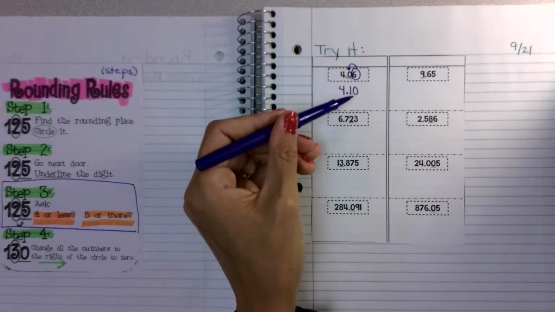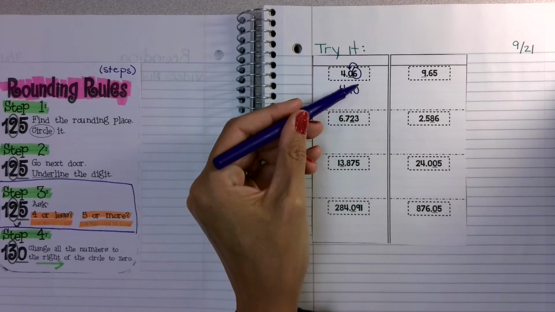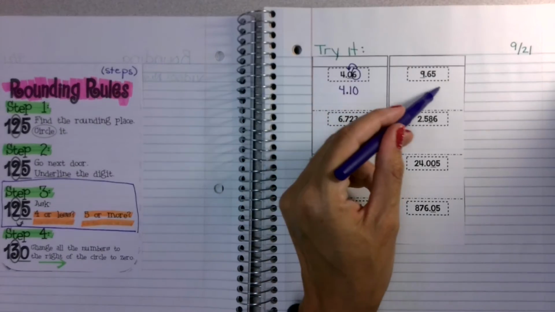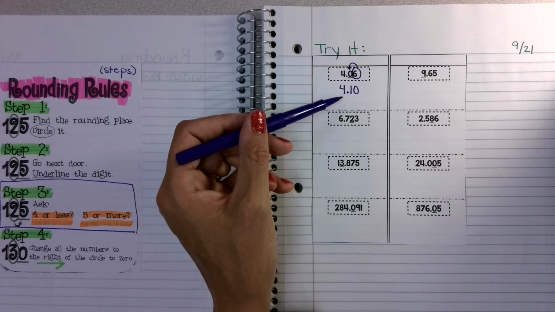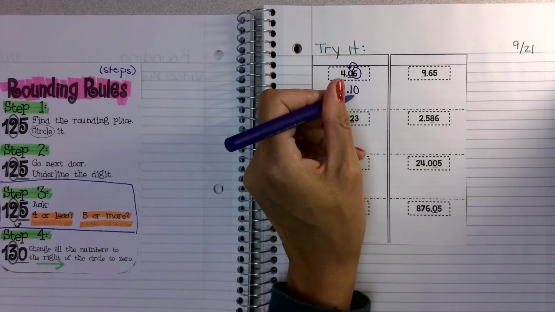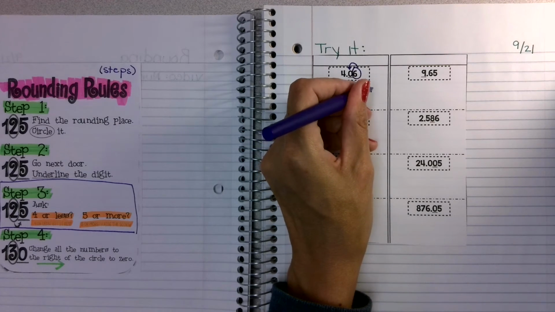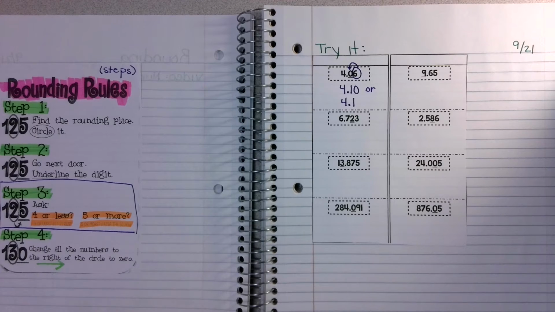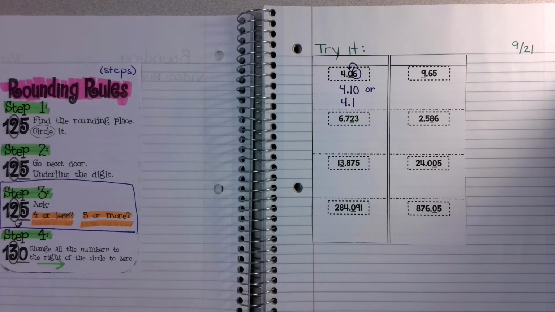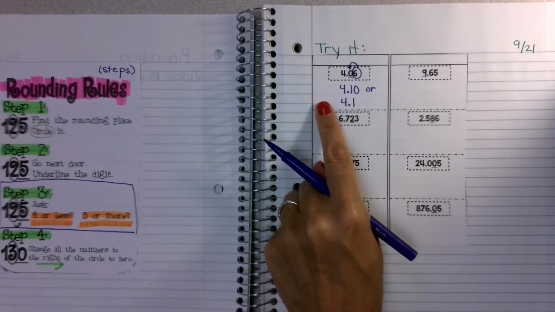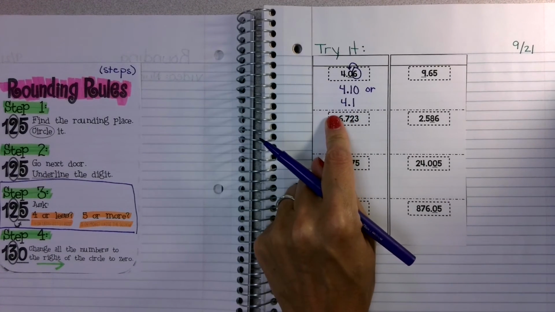Okay. Now, with decimals, zeros on this side, you do not need to write them. I could continue writing zeros for the rest of my life, and it's never going to change the value of that number. So you could either write it like this, or you could just write it like this. There's two different ways to write it. So whichever way makes you more comfortable. Neither one of them's wrong.